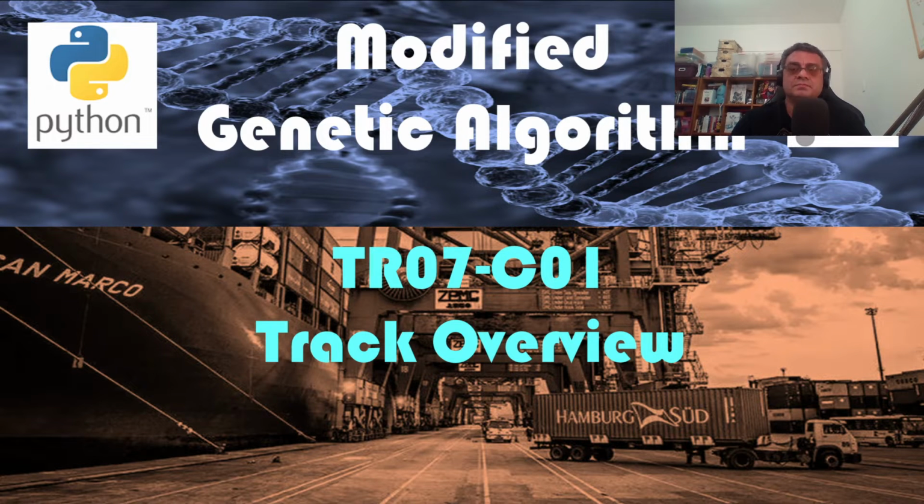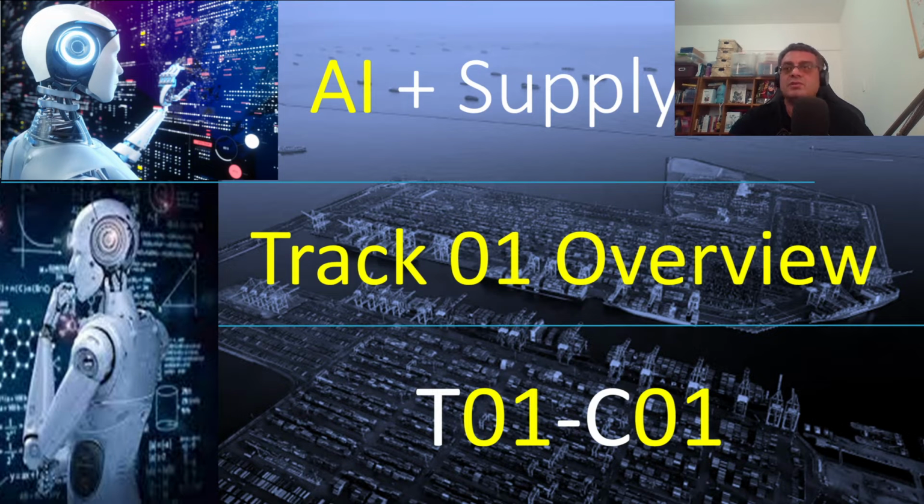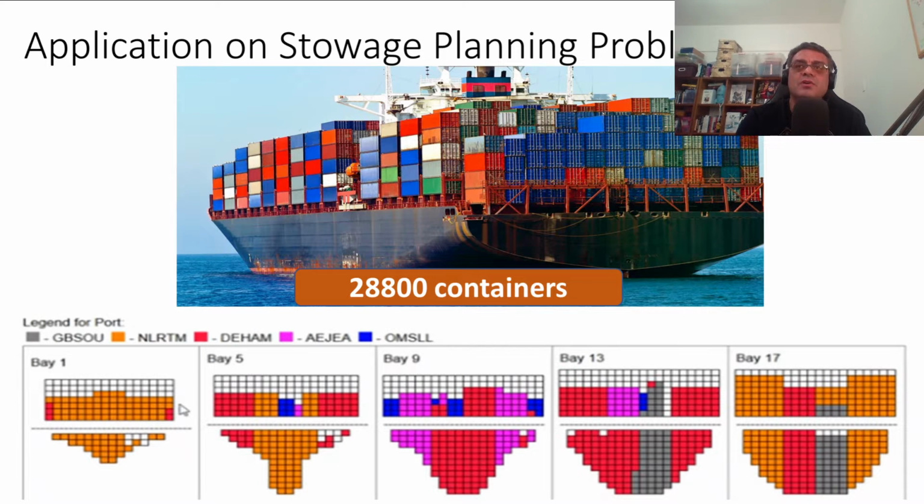The objective of this series of tracks is to show in a more detailed fashion how you can apply artificial intelligence techniques in the context of container ports. In track one, we saw how to develop a class to represent the space of a container ship.